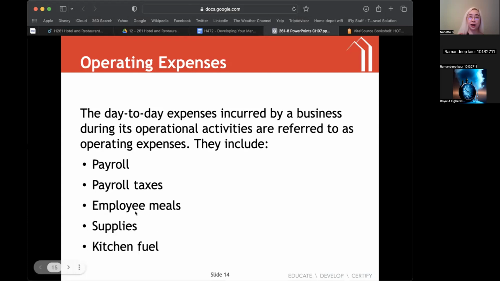So let's say for a particular event, you have to hire 20 servers. So for your employee meals, you need to prepare 20 employee meals for your servers. If it's a less busy time, then you don't hire a lot of servers, maybe you have 10 employees, then your operating expenses would also be lower. So it's not fixed, it is variable.